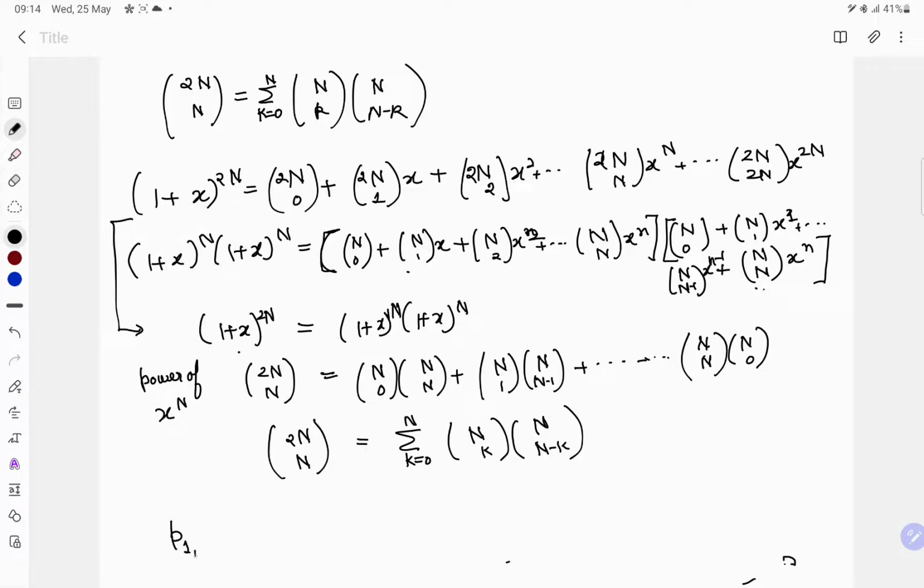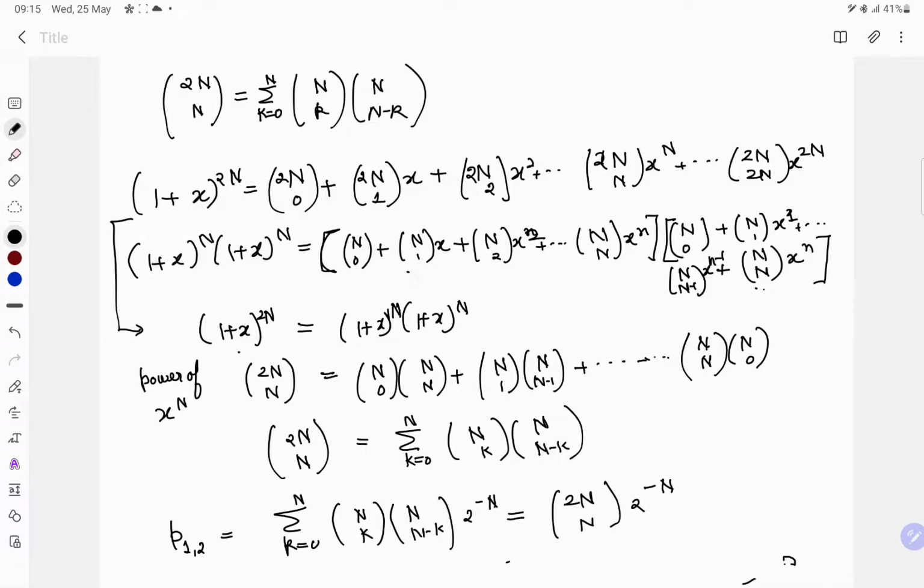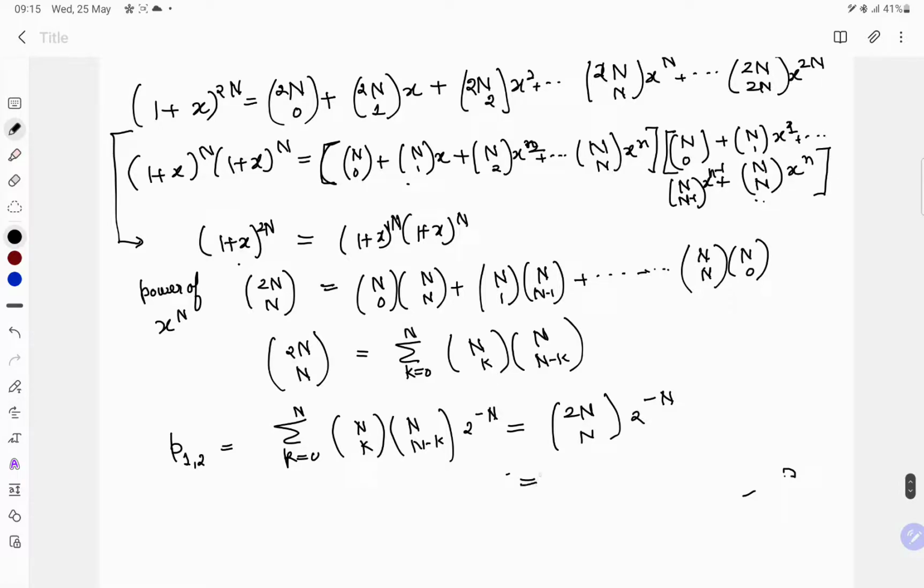So p1 p2 was actually this sum, k equals 0 to n of nCk nC(n minus k), times 2 to the power minus n. So if you just substitute 2nCn and 2 to the power minus n, this is nothing but (2n) factorial over n factorial squared, times 1 over 2 to the power n.